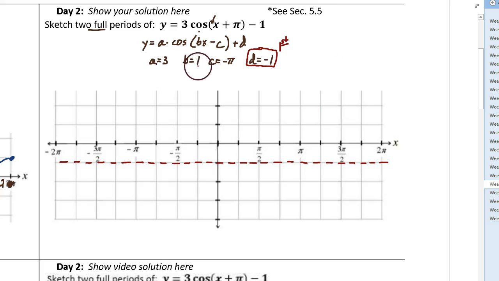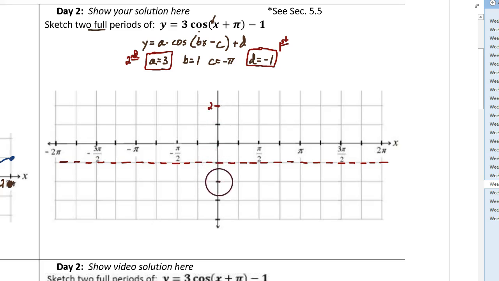The next value we're going to use is the fact that a equals 3. So we're going to use this second. This helps us get the amplitude. The absolute value of 3 is 3. From our new center line, we're going to go up 3 units and mark that as our maximum value. That's at 2.